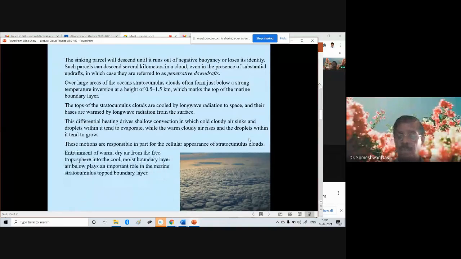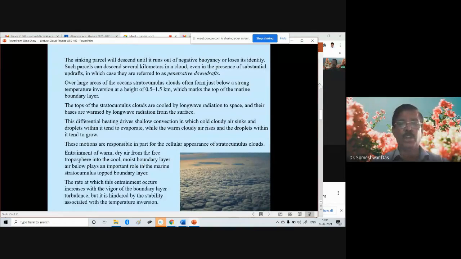The entrainment of warm, dry air from the free troposphere into the cool, moist boundary layer below plays an important role in the marine stratocumulus top boundary layer. The rate at which this entrainment occurs increases with the vigor of the boundary layer turbulence, but it is hindered by the stability associated with the temperature inversion.